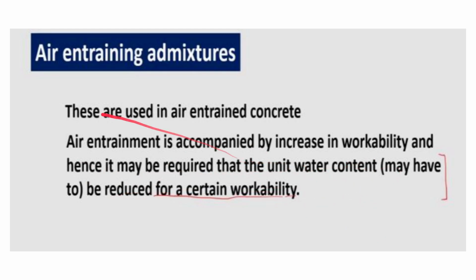Air entrainment, as we studied last class, results in an increase of workability, and the range should be between 4 to 10%, okay. So that gives a very good workability and a very good durability factor as well. Generally greater than 10% is not good, and in normal concrete it is between 1 to 1.5%, okay.